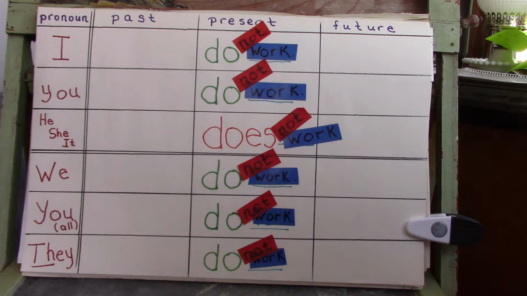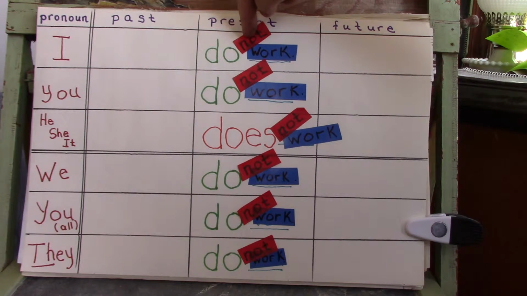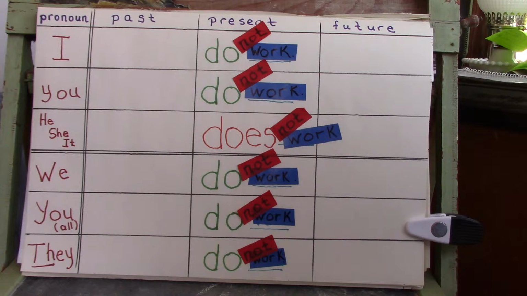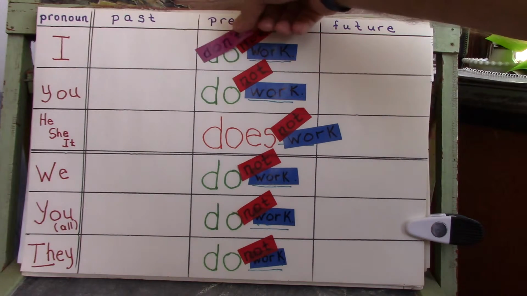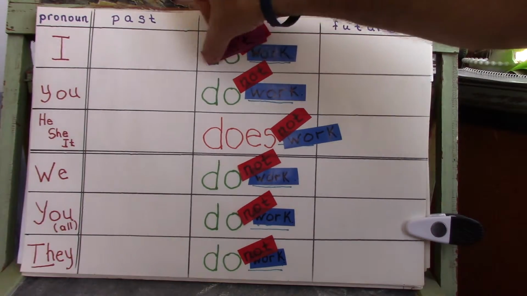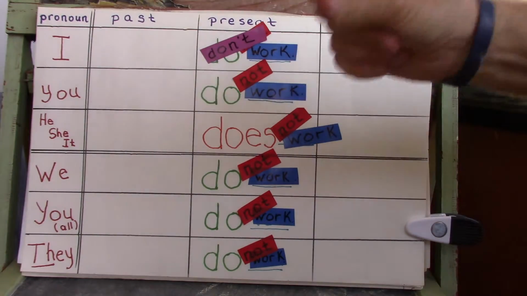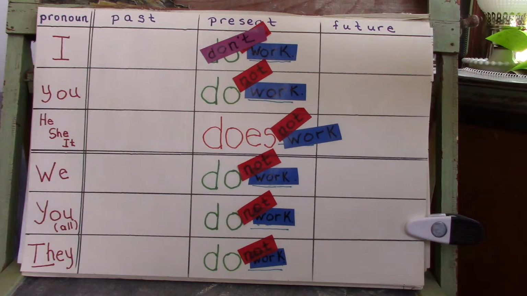Now, native speakers will make one word out of these two words. And they will say don't, for speaking faster.